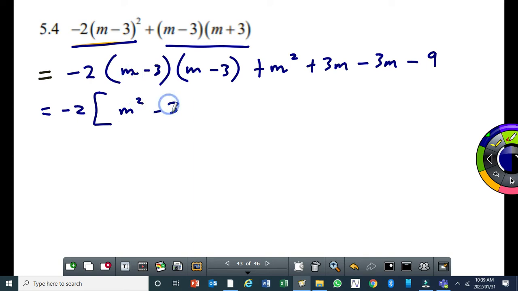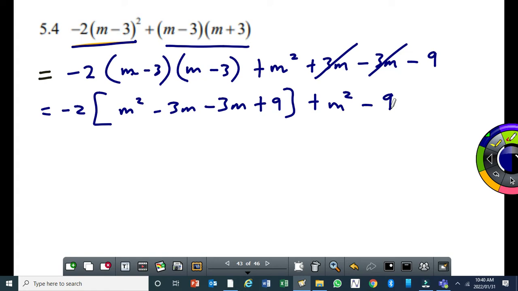M times minus 3, minus 3m. Minus 3 times m, that's minus 3m. Minus 3 times minus 3, positive 9. Okay, now these two are like terms, so they cancel out because they have opposite signs. So you end up getting plus m squared minus 9.